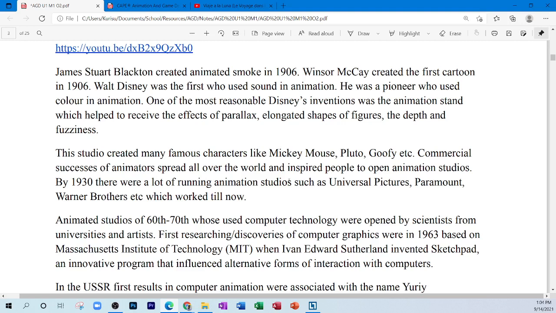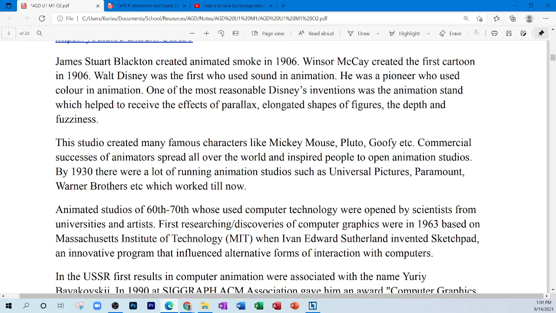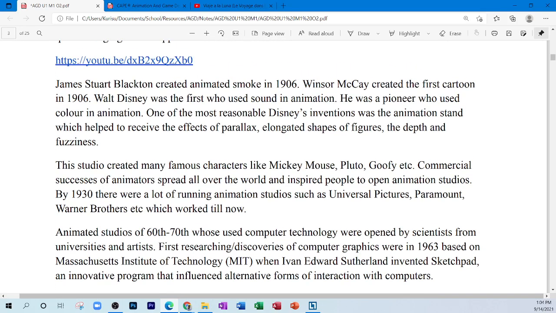First research or discoveries of computer graphics were used in 1963, based at Massachusetts Institute of Technology, MIT, when Ivan Edward Sutherland invented Sketchpad, an innovative program that influenced alternative forms of interaction with computers.